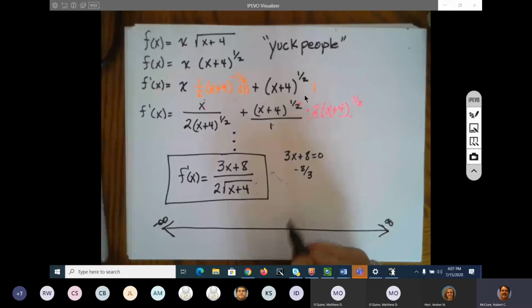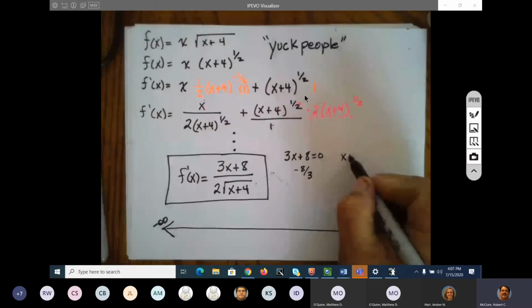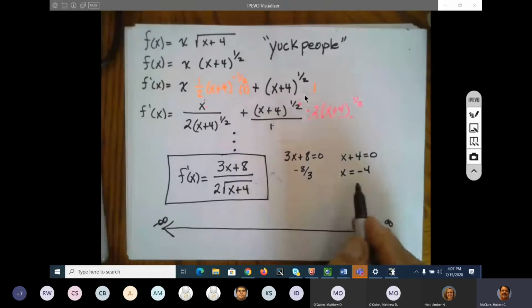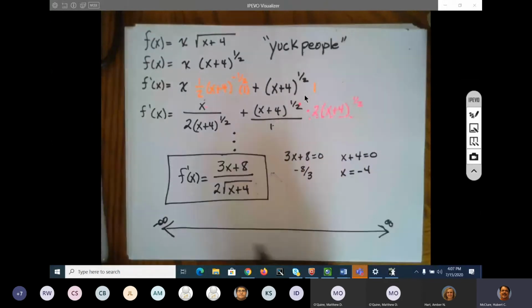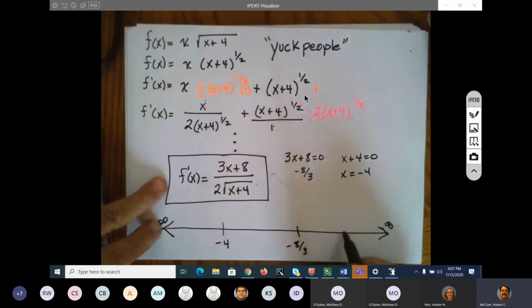Then I can't have 0 in the denominator. I can have a negative, but the negatives don't count, so 0 is the only thing we're worried about. So x plus 4 is equal to 0, x is equal to -4. So our two points are at -4 and -8/3, which is about -2.67, and 0 right there.